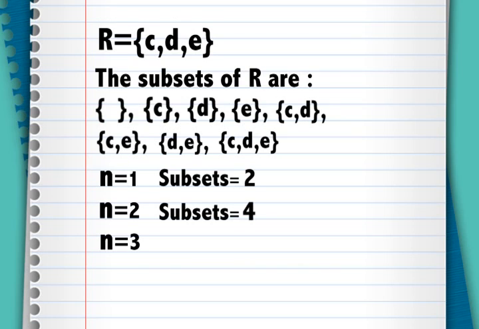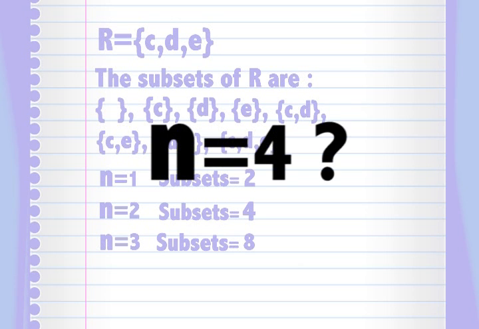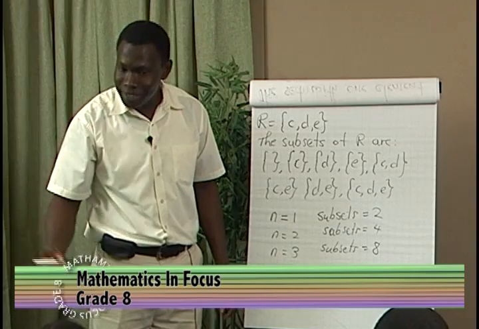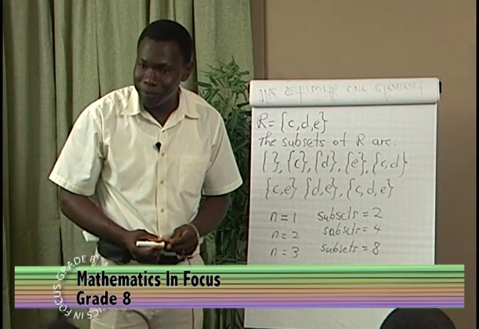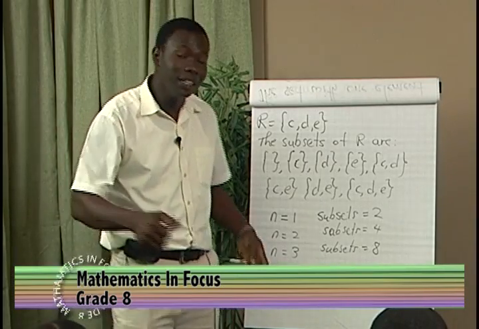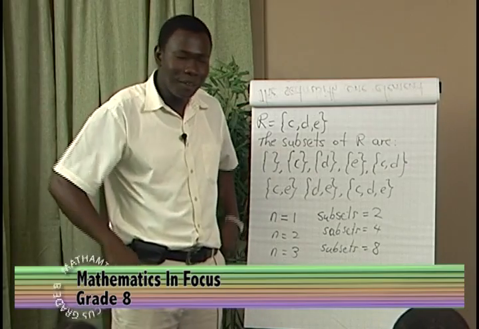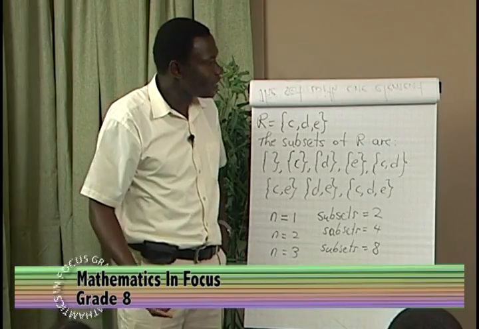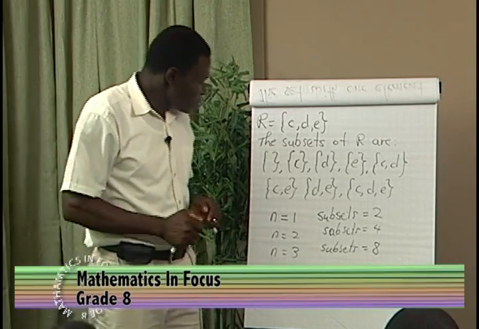When n is equal to 3, we had the subsets totaling 8. When n is 4, I want you to tell me this without us having to do it. 16, good. And when n is 5, 32. When n is 6, 64. Good, correct. So at least we are following the trend.